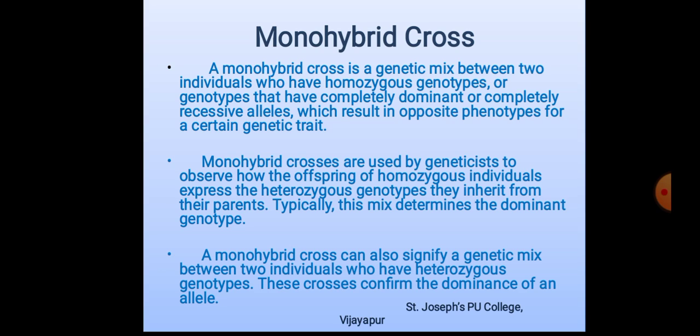Monohybrid crosses are used by geneticists to observe how the offspring of homozygous individuals express the heterozygous genotypes they inherit from their parents. Typically, this mix determines the dominant genotype.